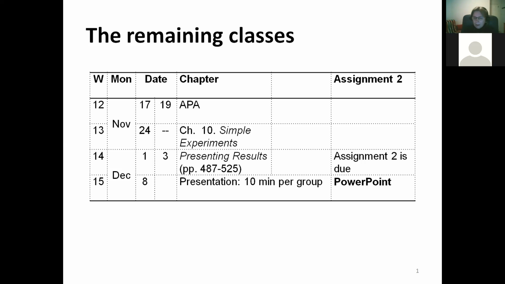It is up to date in terms of APA content, but little formatting issues may be a problem. So don't use these pages 487 through 525 as a sample. The sample is the actual paper, the student paper that's posted on Blackboard. I'll talk about it in a second.